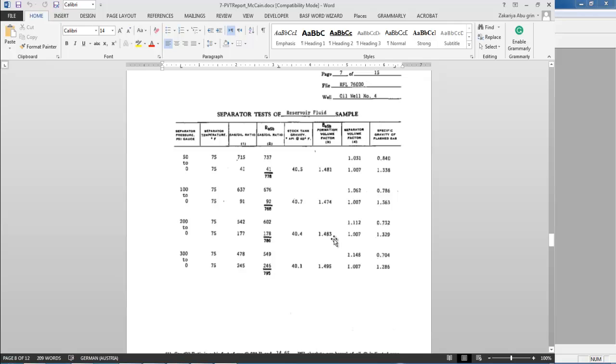And the highest API, as you already know, will give you the highest price, and it means your oil is lighter. So according to these experiments, the second stage will be your optimum stage, because it gives the highest API and the lowest Bo and the lowest GOR.